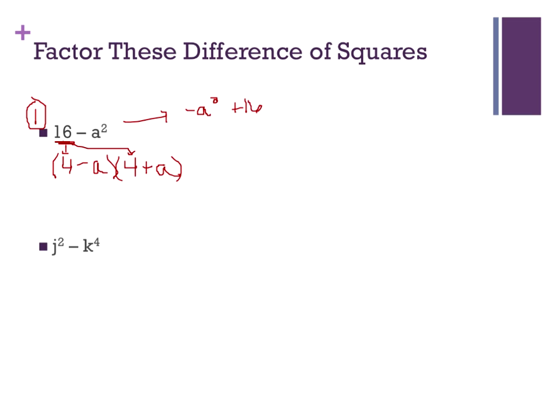Now, I have had students rewrite this as negative a squared plus 16. Then they'd factor the negative 1 out of this thing and call it a squared minus 16. Now they have a difference of squares that they rewrite as a plus 4, a minus 4.